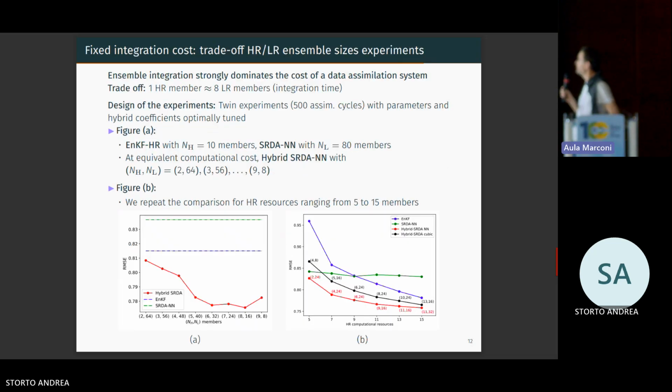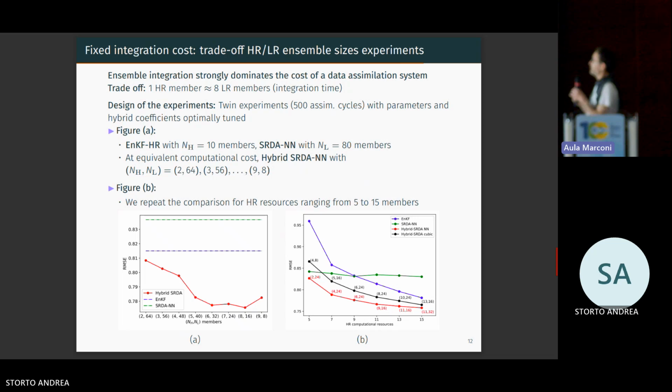Here again, we consider twin experiments at constant computational cost of integration. So we still have this trade-off between high and low resolution members, and we perform twin experiments with 500 assimilation cycles with parameters tuned to optimal performance. First, we will consider the case of figure A, where we are limited to 10 high-resolution members.